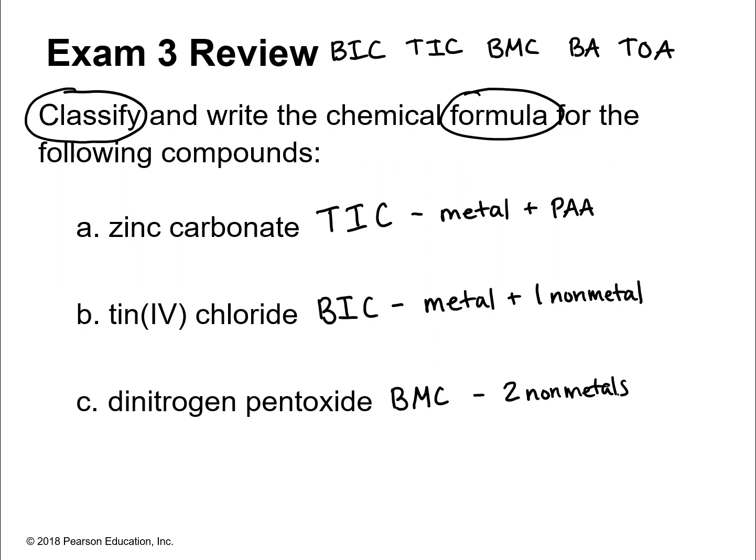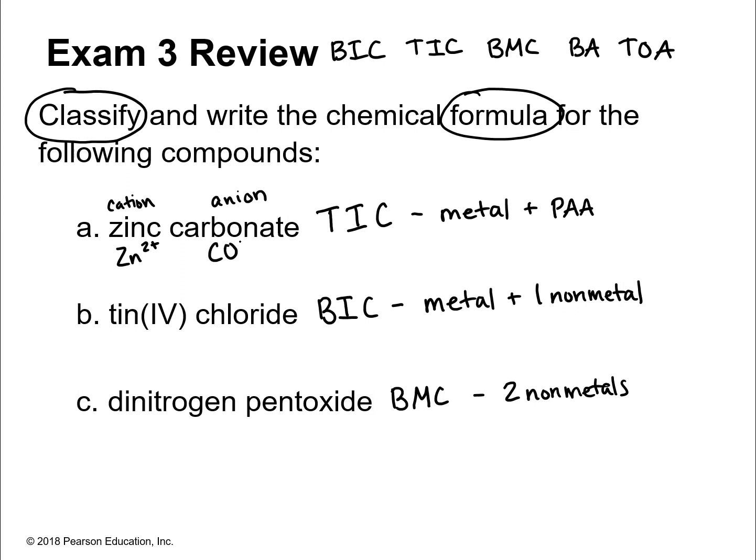Now we're going to write the chemical formulas. For a ternary ionic compound, we've got the cation and the anion. For zinc, it's a transition metal, but it's an exception, so there's only one cation that it forms. That's zinc 2+.